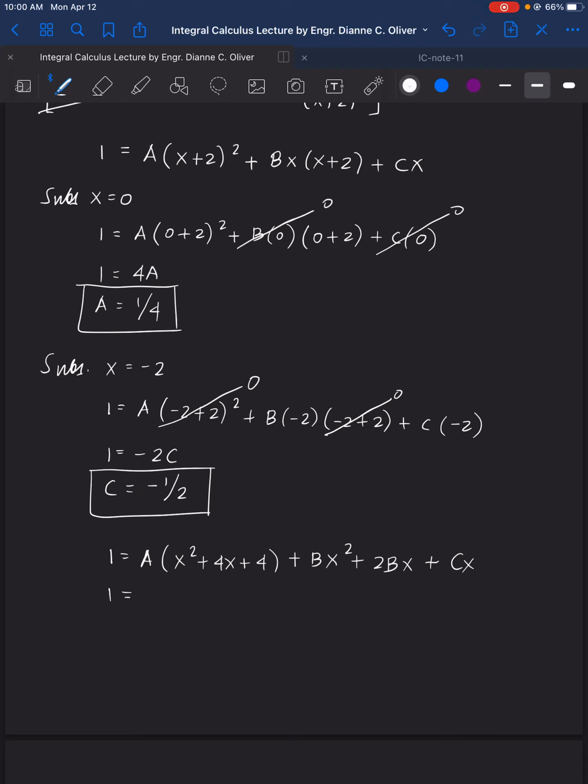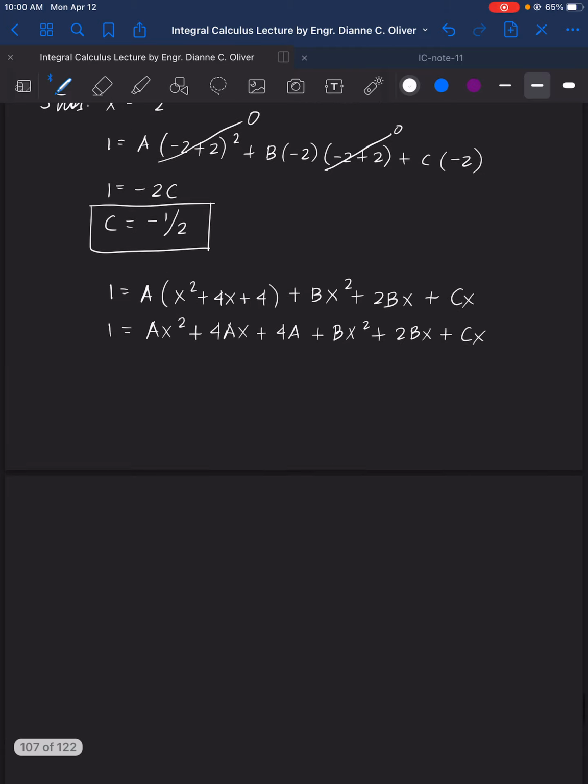Then we have 1 is equal to ax squared plus 4ax plus 4a plus bx squared plus 2bx plus cx.